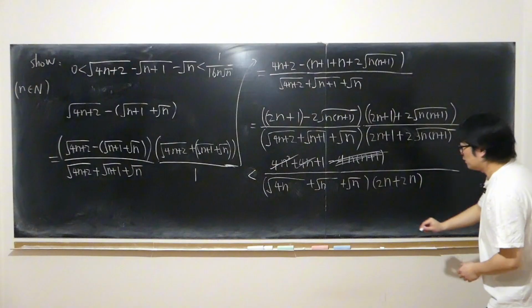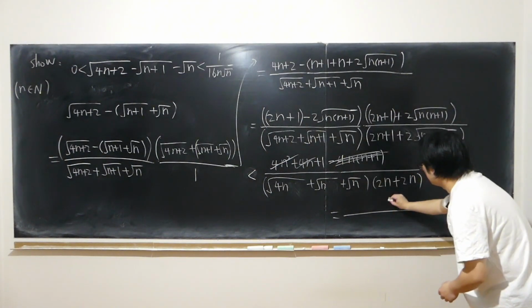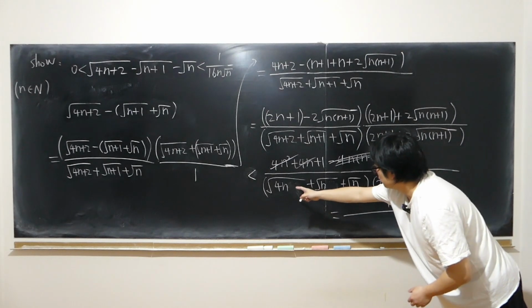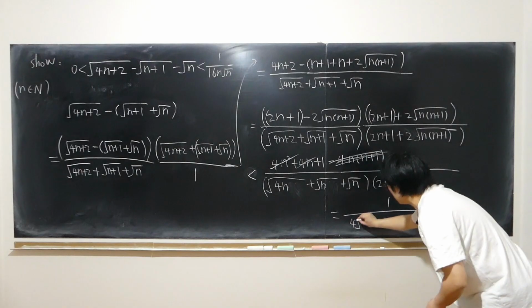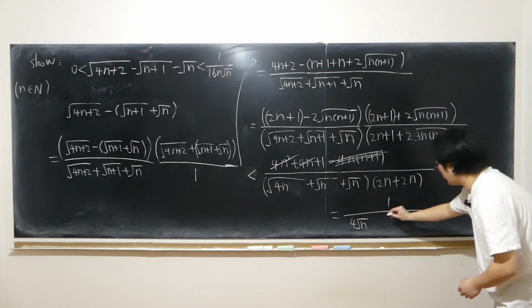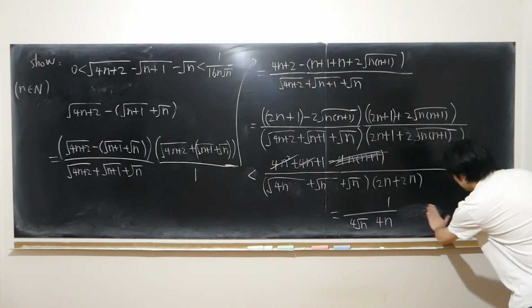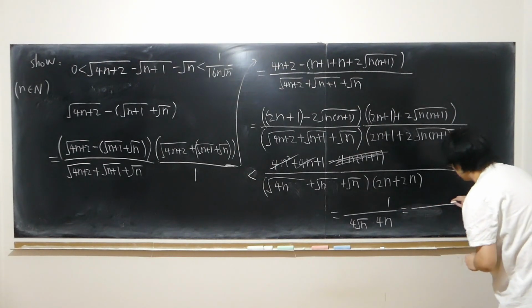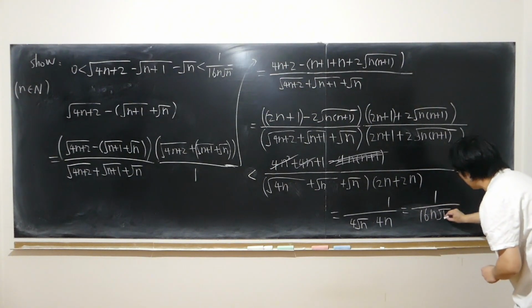So this top is 1. This actually becomes 2 square root of n plus 2 square root of n, 4 square root of n, 4n. Right? That's exactly 1 over 16 n times square root of n.